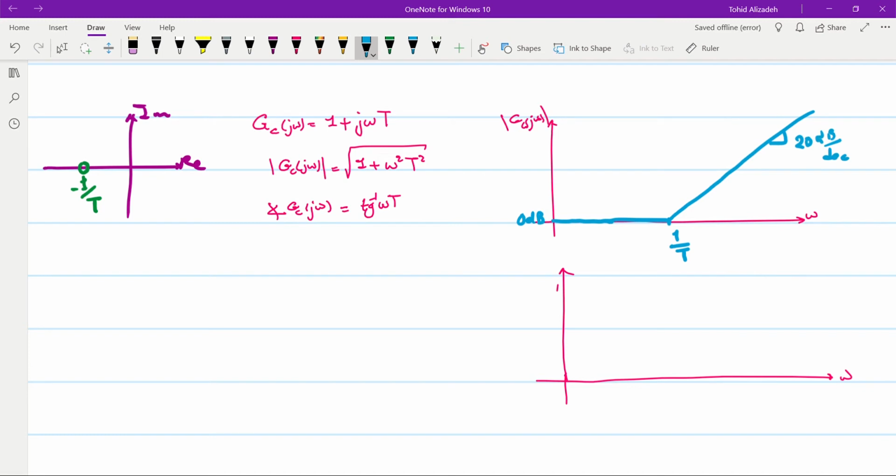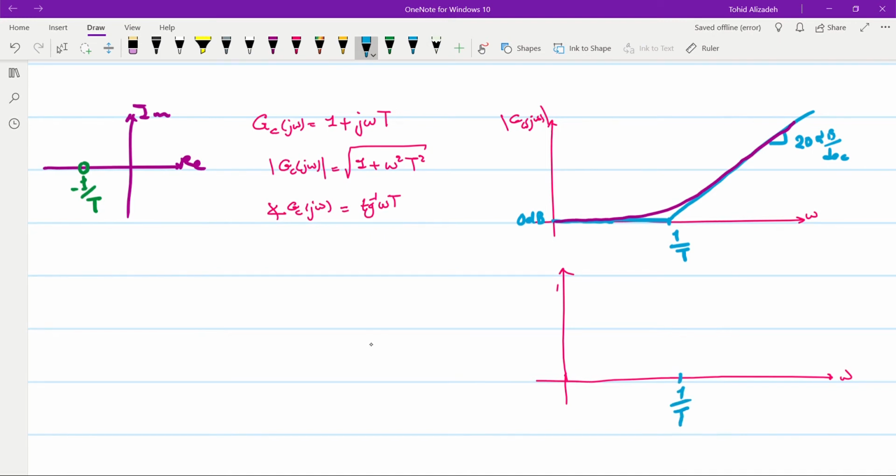This is the asymptotic one. If you want to draw the exact one, it will look like this one. So at omega equal to 1 over T, you will not have 0 dB, but you will have some value like 3 decibels.